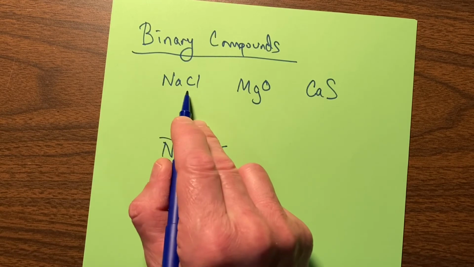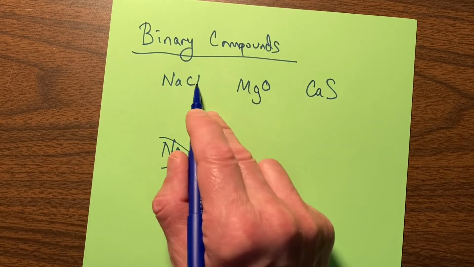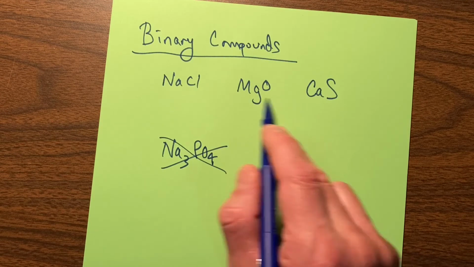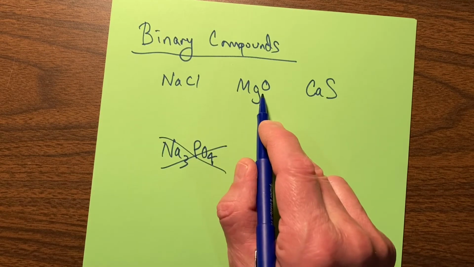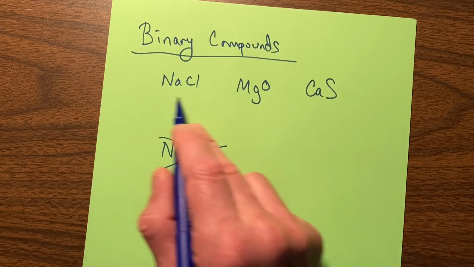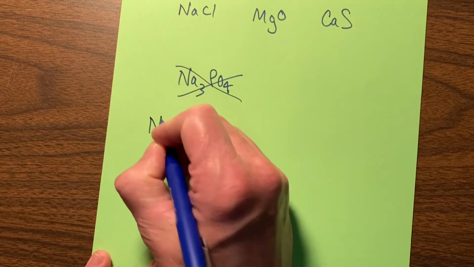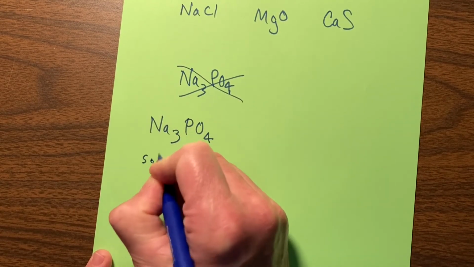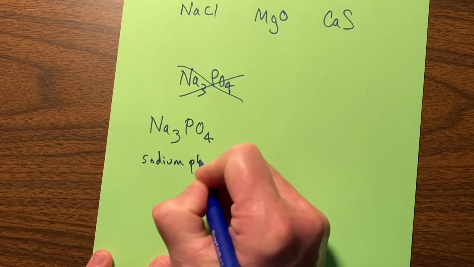For binary compounds, you just change the second nonmetal to an IDE suffix. Chlorine becomes chloride, oxygen becomes oxide, sulfur becomes sulfide. But let's name a few with polyatomics. Na3PO4 would be sodium phosphate.